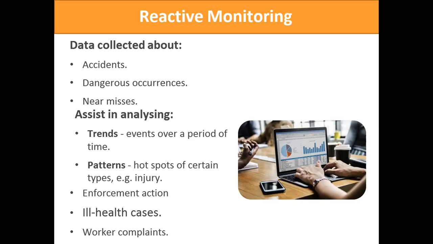We will check the trend and pattern from the data. We will check the enforcement actions taken by the legal or enforcement authorities. We will check the ill health cases and worker complaints. All this data we will analyze, and we will check these things from that data.